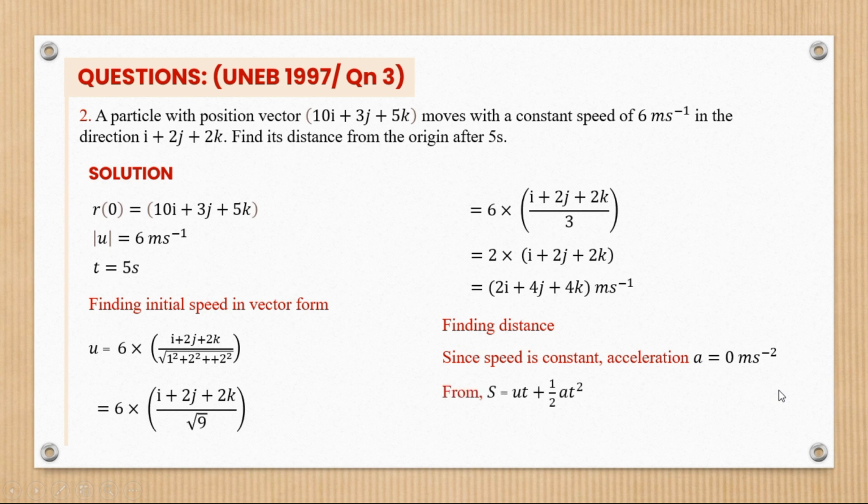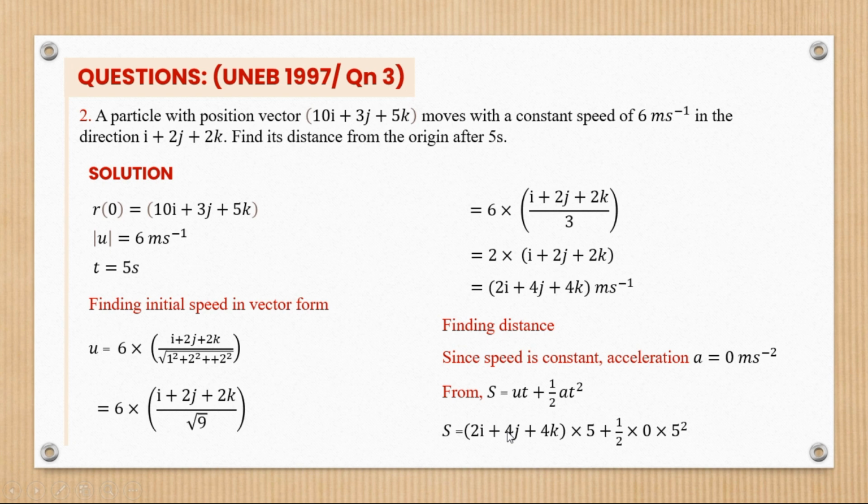So from the second equation of motion, s is equal to ut plus a half at squared, we're going to have s, the distance, equal to u times t, of which we have u as 2i plus 4j plus 4k times the time taken, which is 5, plus a half times 0, remember that acceleration is 0 when there is constant speed, times 5 squared.